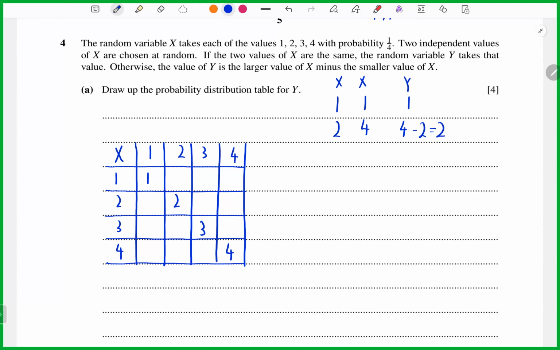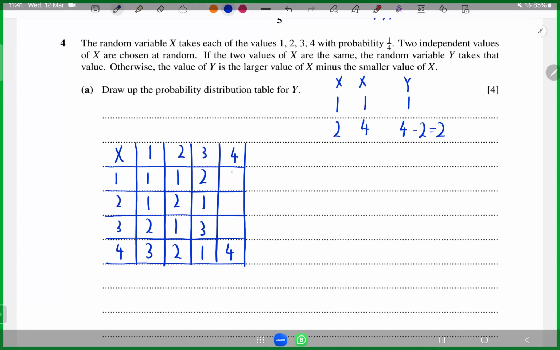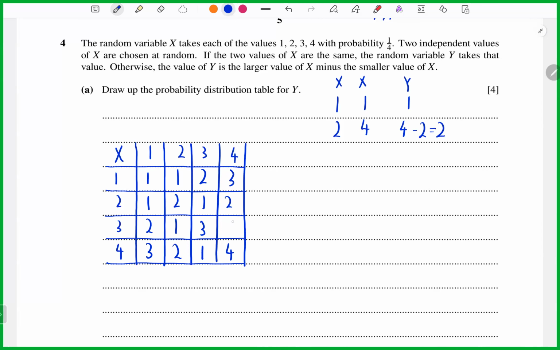For this part it is the same. Now you see 2 and 1, right? 2 minus 1, you will get 1. 3 minus 1, you will get 2. 4 minus 1, 3. 2 minus 1 equals 1. 3 minus 2, 1. 4 minus 2, 2. 3 minus 1, 2. 3 minus 2, 1. 4 minus 3, 1. And then 4 minus 1, you will get 3. 4 minus 2, 2. 4 minus 3, 1.